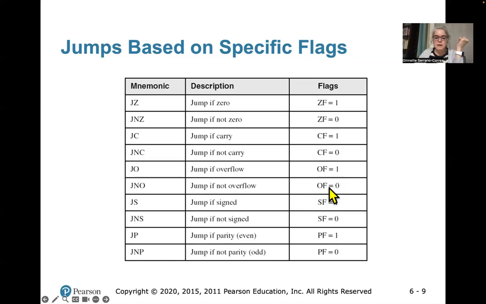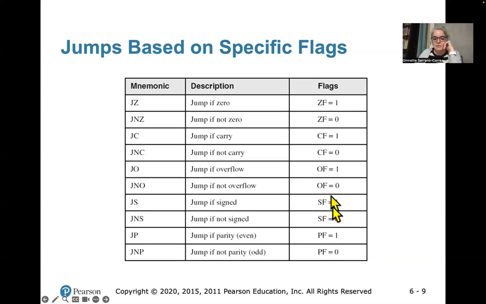The overflow flags are checked. Jump if signed, if not signed, the sign flags are looked at. We haven't done anything with the parity flags, but there's jump on parity being even and not parity, meaning odd number of parities. So PF, looking at the parity flag here.